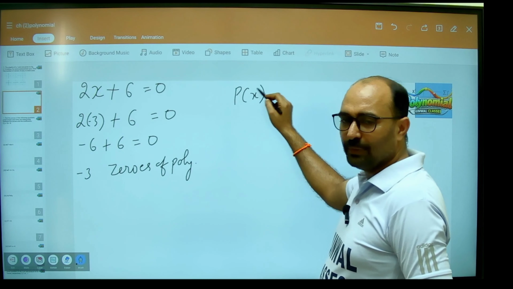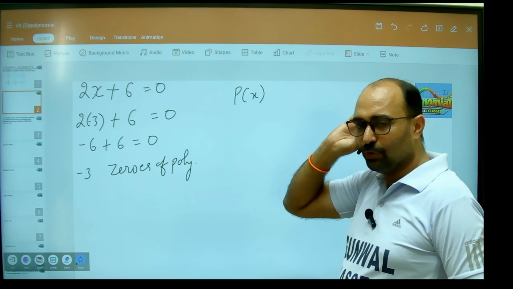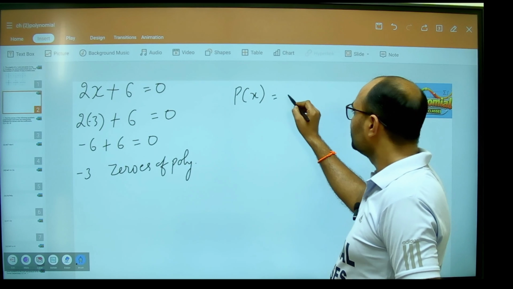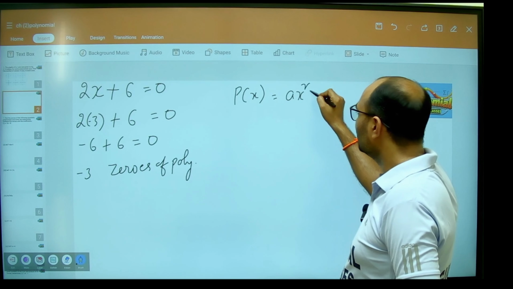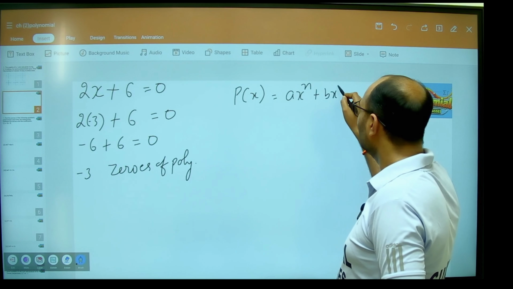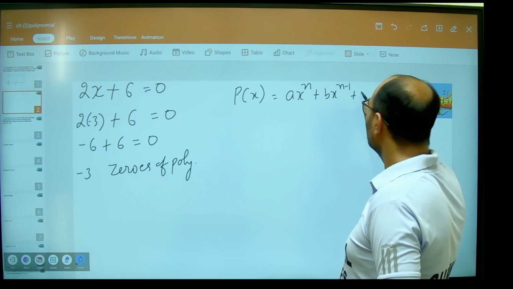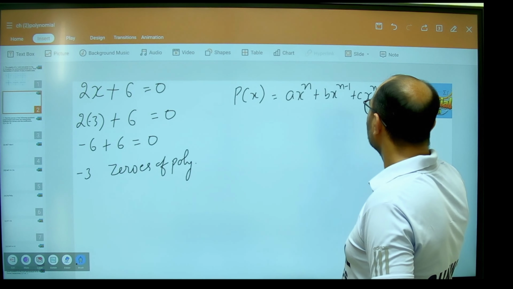What is polynomial? Let's say polynomial in x variable. This is studied as polynomial in x variable: a x power n, b x power n minus 1, c x power n minus 2, and so on.